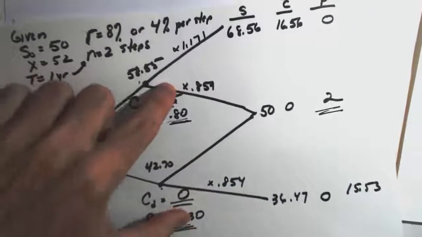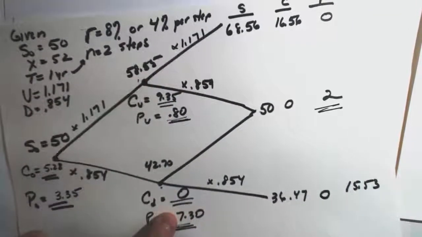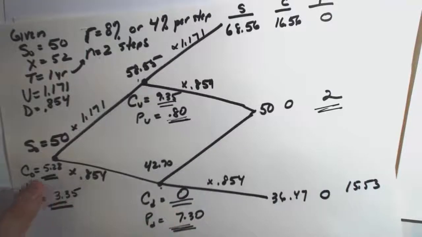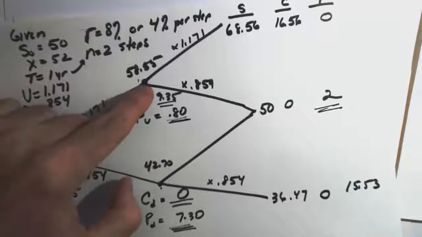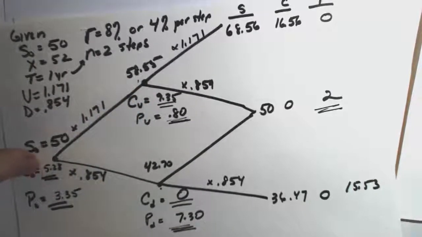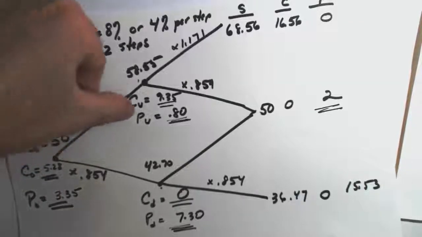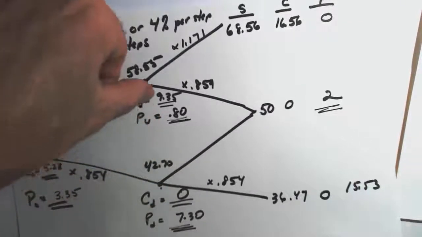We're going to set up a riskless portfolio so it doesn't matter if we go up or we go down. And then we're going to back into it, creating another riskless portfolio that grows at the risk-free rate. It doesn't matter if it goes up or down because it's worth the same value.